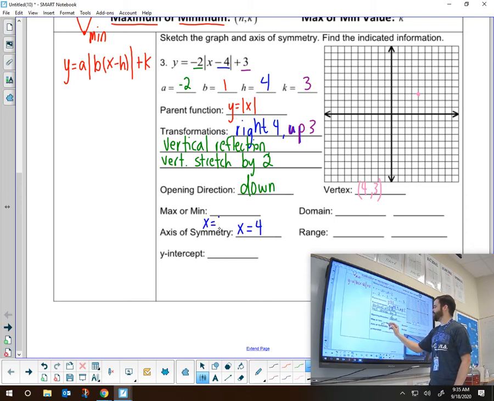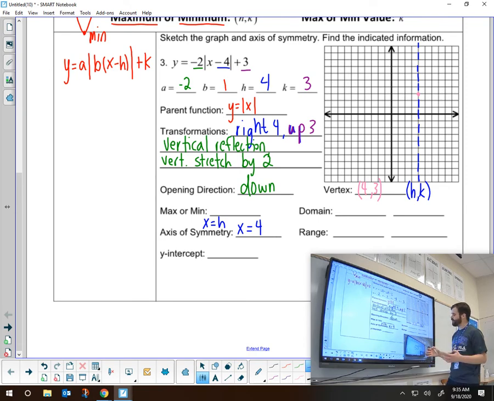So I'm going to write a reminder. Your axis of symmetry is just whatever h is. Just like your vertex is h comma k, your axis of symmetry is just whatever h is. So I'm going to have an axis of symmetry right there, okay? So there's my new axis of symmetry.